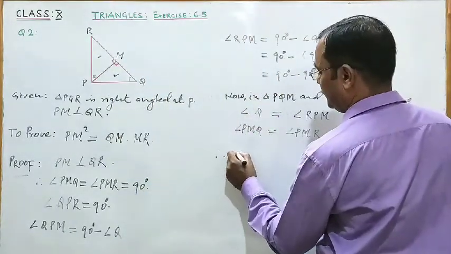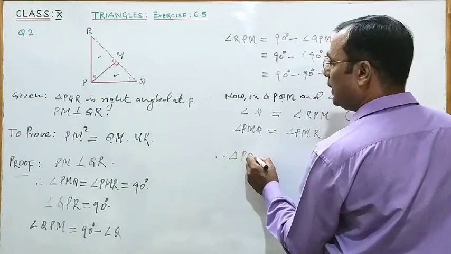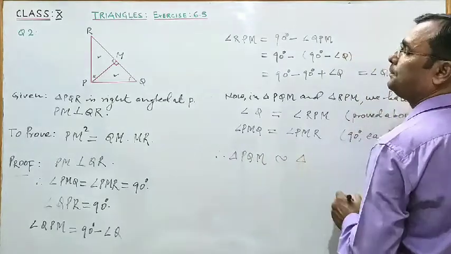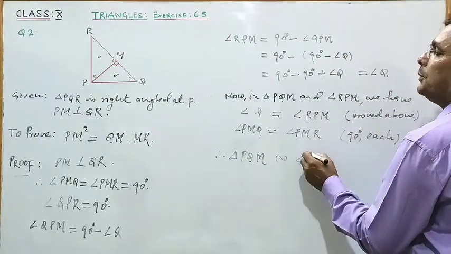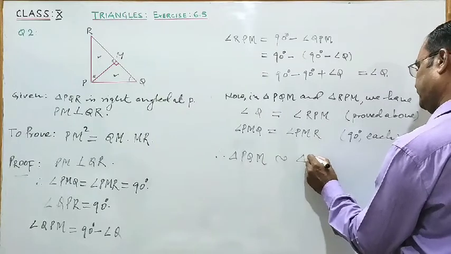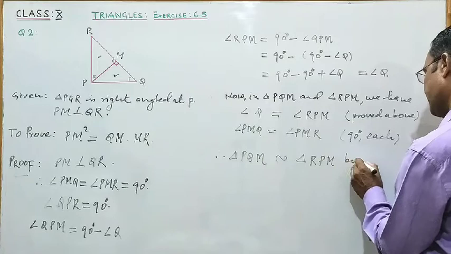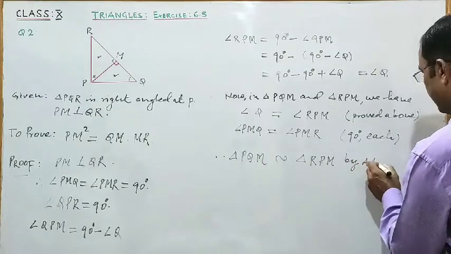Therefore, triangle PQM is similar to triangle RPM by angle similarity criteria.